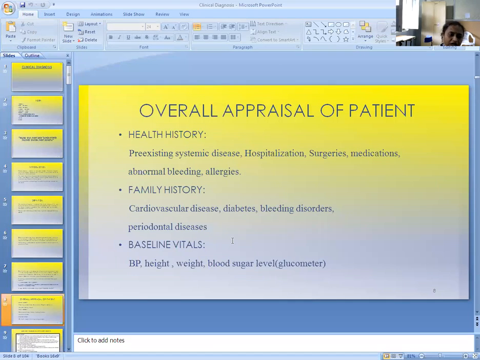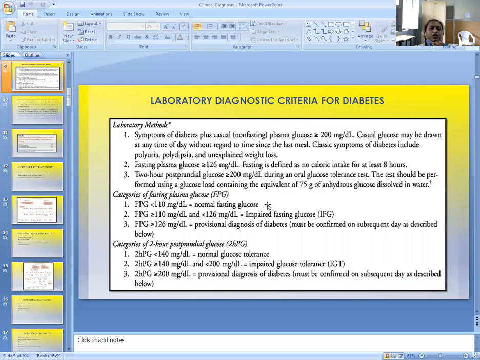So you have to ask whether the patient's sibling is also having similar clinical features or clinical disease, because some diseases run in a family. And then you have to check baseline vital signs.